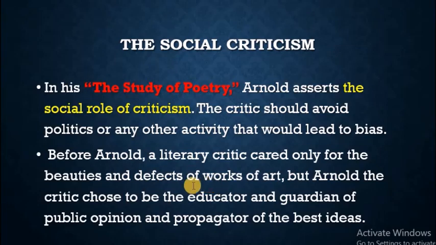For Arnold, this is not the only thing that the critic should be focused on. He has also to what? To make sure that he is going to what? To see whether this work educates people or not.